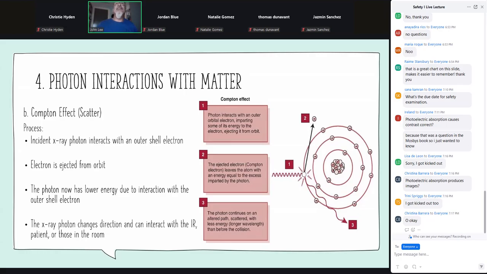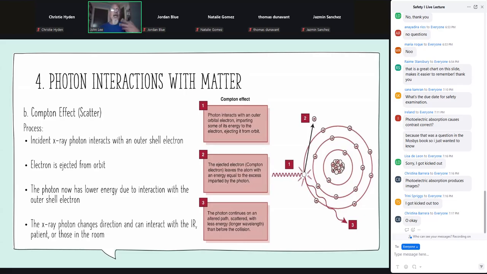Photons change directions. They can interact with the IR, they can cause another interaction within the patient, or they could exit the body and strike an individual within the room. Important note, Compton scatter is capable of going in any direction.